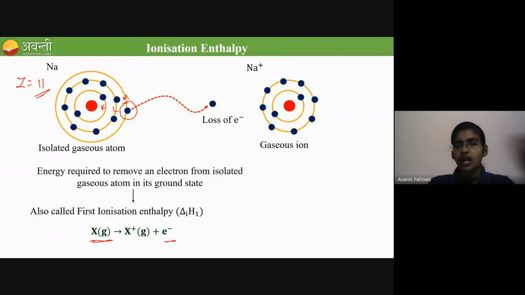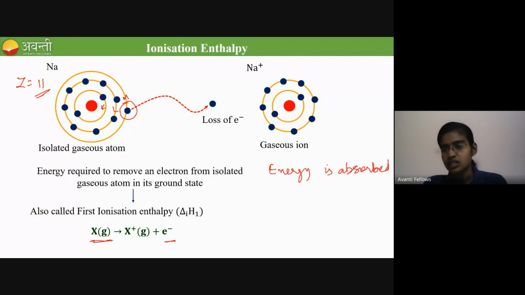I am giving the energy to the atom and the atom is absorbing the energy which I am giving. So energy is getting absorbed by the atom. If the energy is getting absorbed, then the process is always endothermic in nature. If the heat energy is getting absorbed by any system, then we call that process an endothermic process.